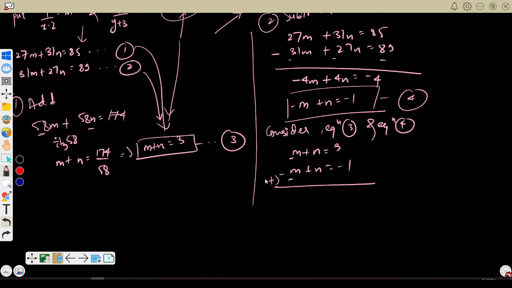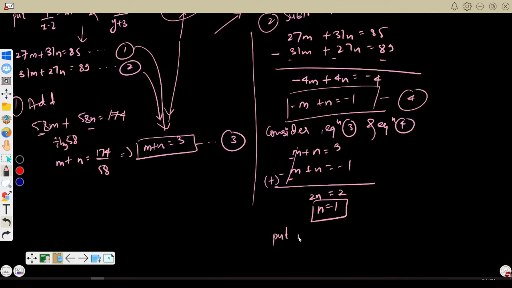So I'll directly add the equations. Plus m and minus m will get cancelled, and plus n plus n will give me the value 2n, and 3 minus 1 will give you the value 2. So n turns out to be 1. I now have the value of n. Using this, I can easily find the value of m.